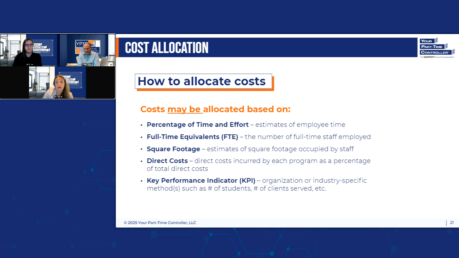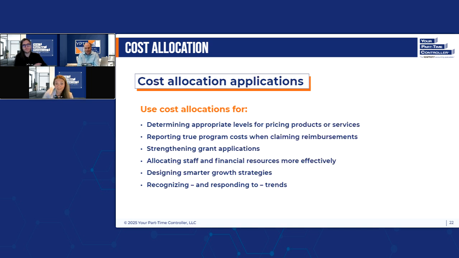So now let's talk about the practical applications for these. We've talked about the grid and how important it is to visualize it. But what do you do with that? Now that you've allocated all your costs and you have your grid laid out, you want to look at it and say, okay, maybe program A hasn't reached your break-even point, but now you have that data in that calculation, so you can figure out your pricing.